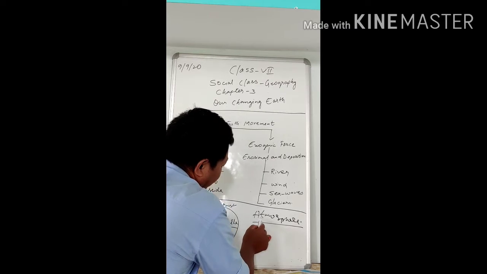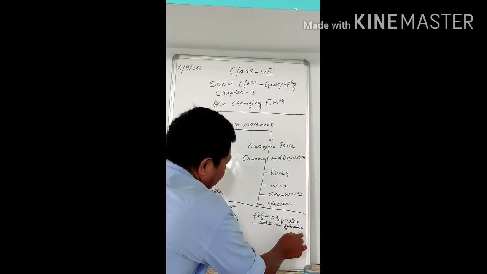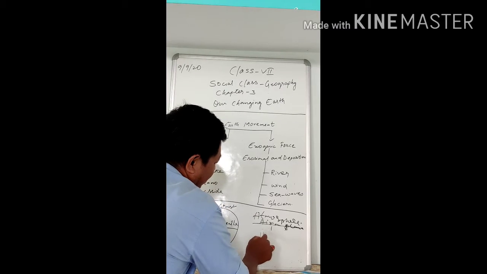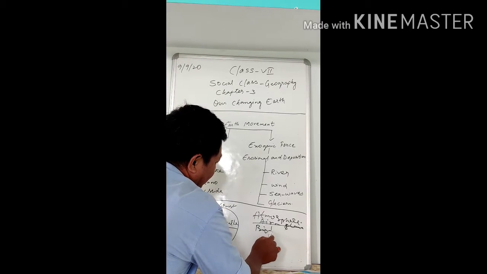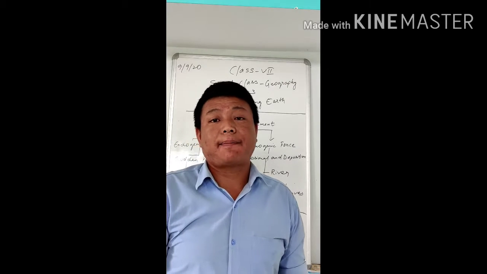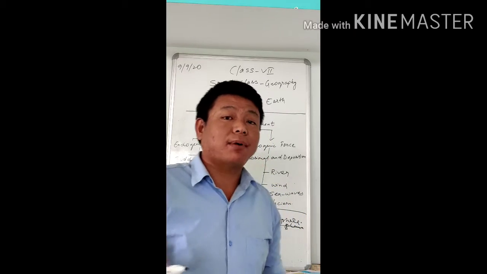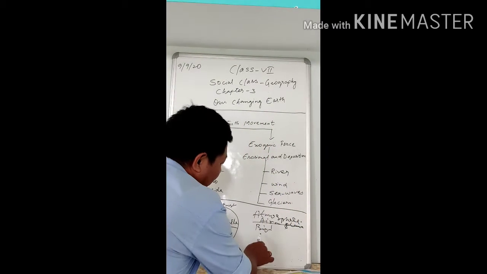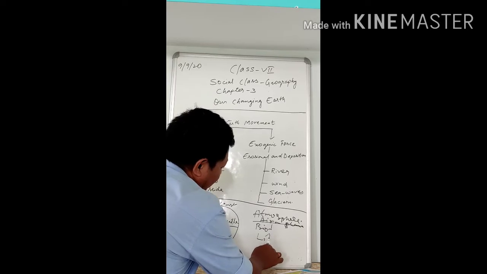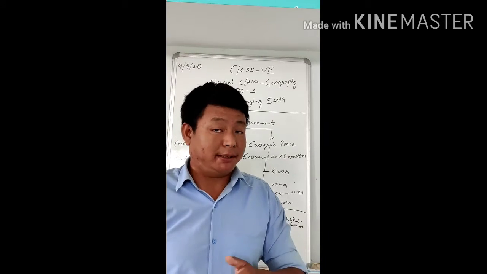which means air sphere, that means air place, area. The second one is biosphere. Bios means where living beings survive, where we people are living in this space, and that is known as biosphere. The third one is lithosphere. Lithos means land, sphere means place, area.